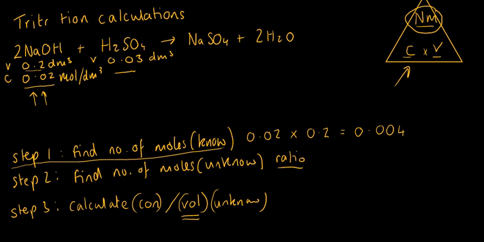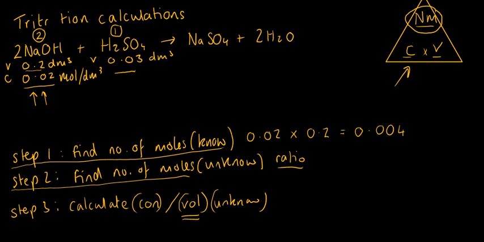0.004. Okay, so now we need to have a look at step 2, find the number of moles of the unknown, which is our sulfuric acid here. So if you have a look at the ratios, we've got 2 moles to 1 mole. So if you pause the video and try and work out how many moles you think you will have of sulfuric acid, the H2SO4. Okay, so hopefully you've done that.